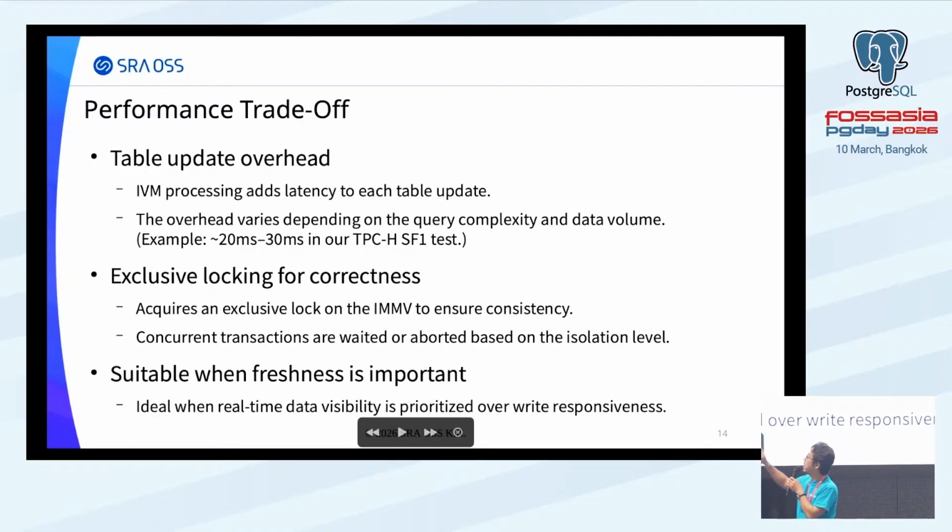Second, exclusive locking. To keep consistency, PGIVM acquires an exclusive lock on the view. So depending on the isolation level, a concurrent transaction waits or aborts. So it affects performance in high-concurrency systems, and we need to consider this.